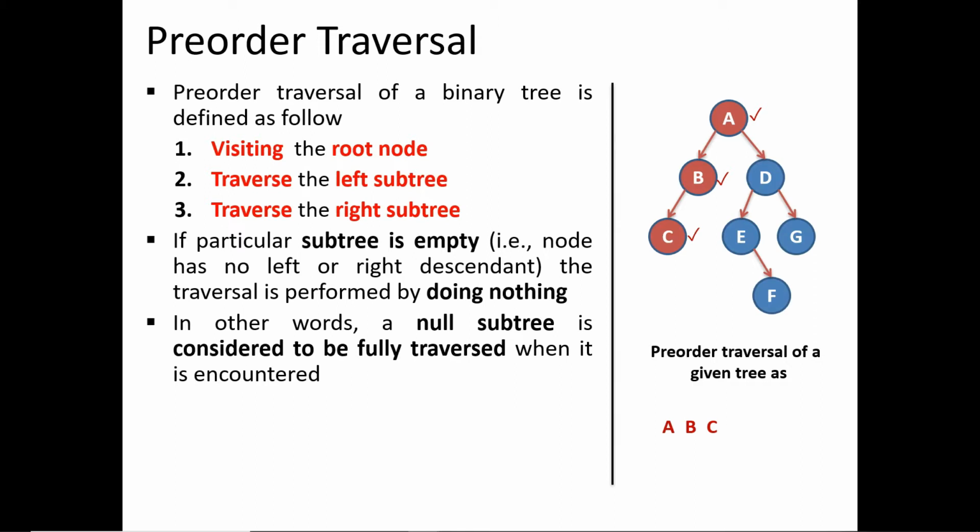Now we have to move on to the right subtree. In the right subtree, the first node is D. So we visit node D and write D in the pre-order traversal.